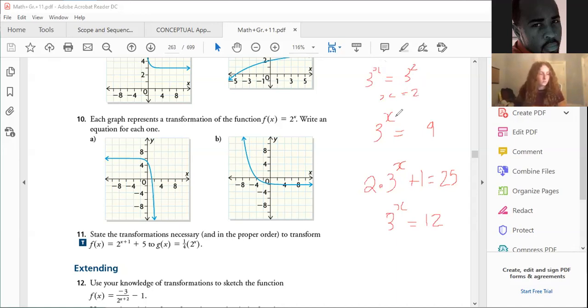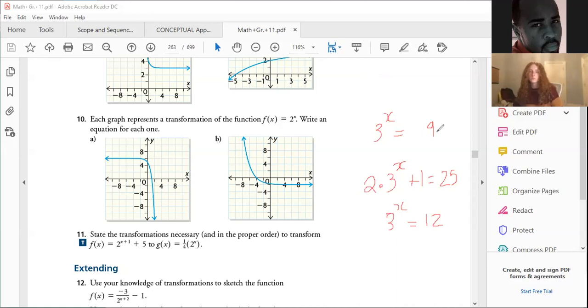But there's another approach: we can use the opposite of the exponent, which is the log. We have 3 to some number giving us 9.